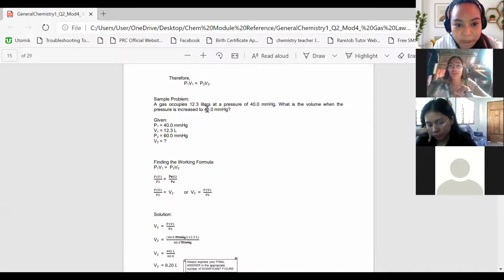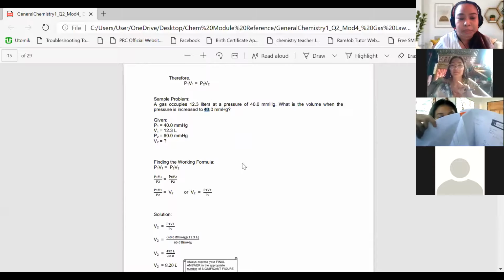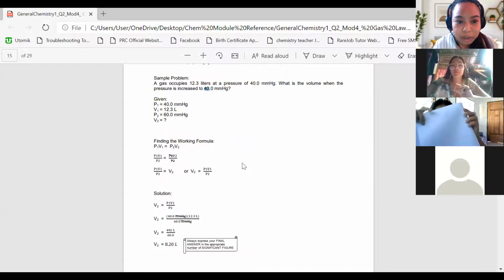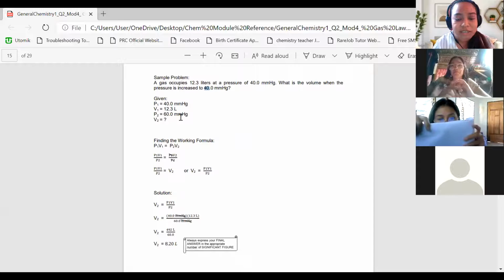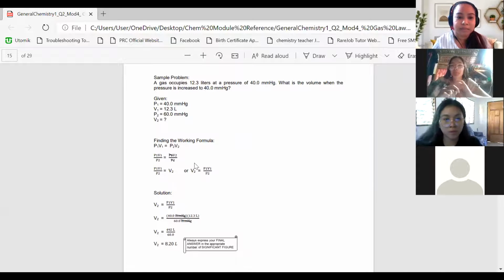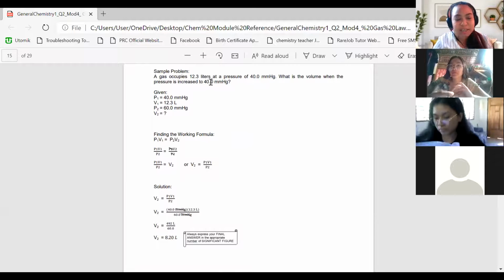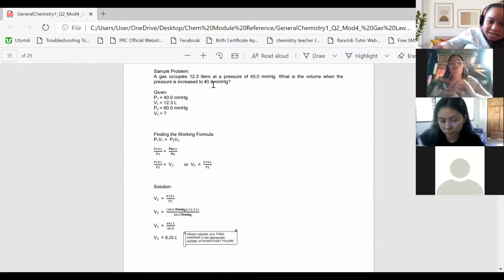Palihog ko og usab ani og 60. 60 ang sample problem. Ganun wala man siya na-save. Dapat 60 sa problem. Kay gikapoy na ko sulat sa mmHg, so wala na ko na-listen si 6, si 4 lang.